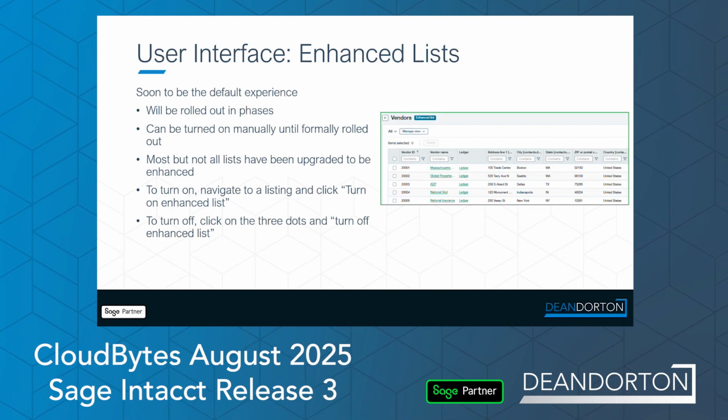So user interface, enhanced list, soon to be the default experience. So if you haven't looked at these enhanced lists yet, when you're in a Sage Intacct instance, please go ahead and do that. When you get to one of those screens to turn it on, you will simply click Turn on Enhanced List.